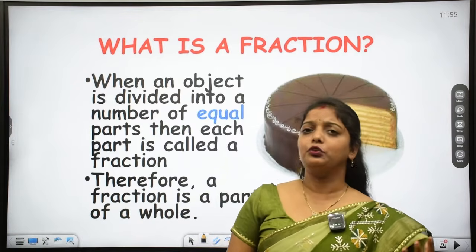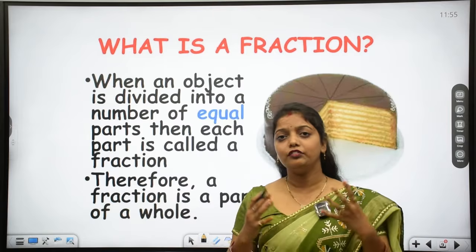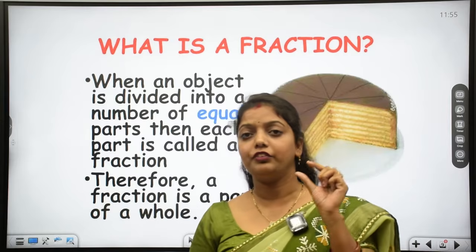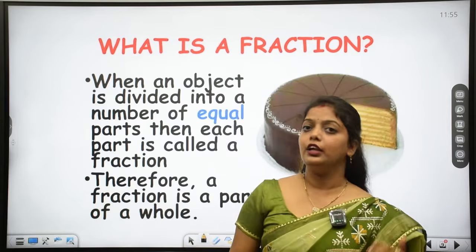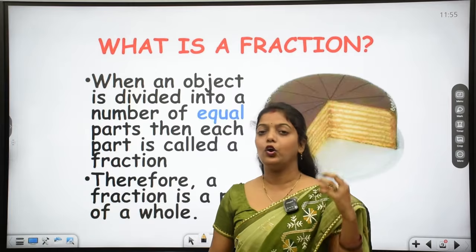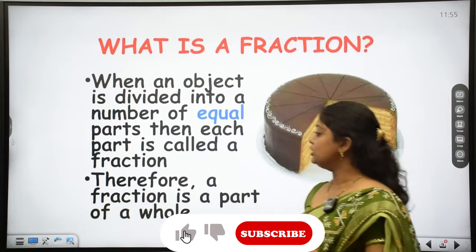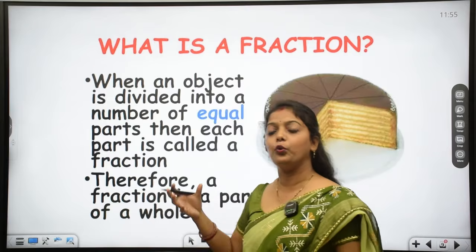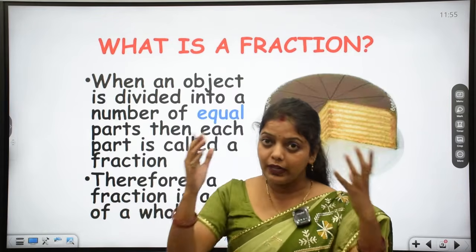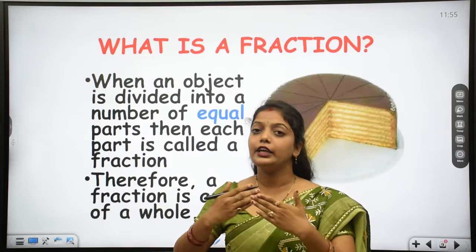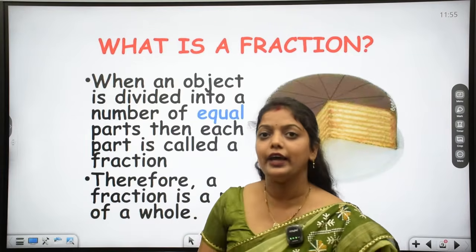Whenever we have to divide or distribute any thing into equal parts, then each part after distribution is known as the fraction of that complete thing. That's why a fraction is known as a part of a whole.